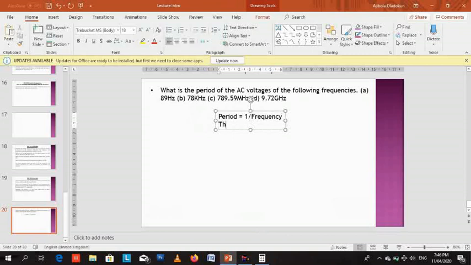So the period of a 1 hertz frequency signal will be 1 over 1 hertz. If the frequency is 1 hertz, just find the reciprocal. So 1 over 1 hertz will give us the period of a 1 hertz frequency AC signal.